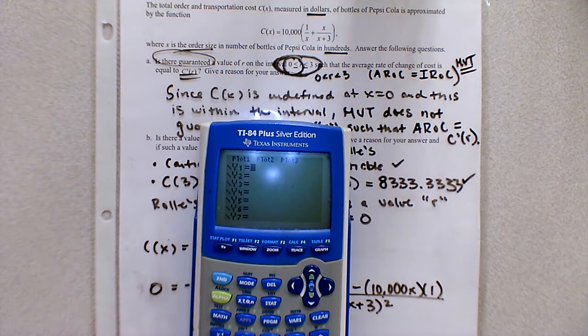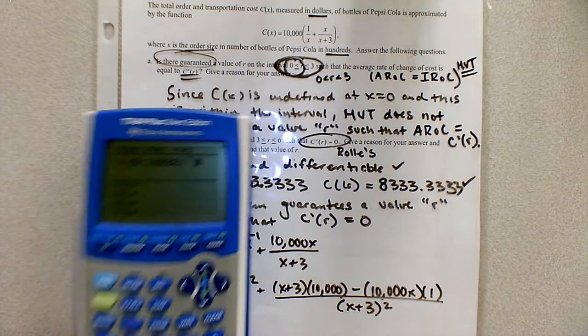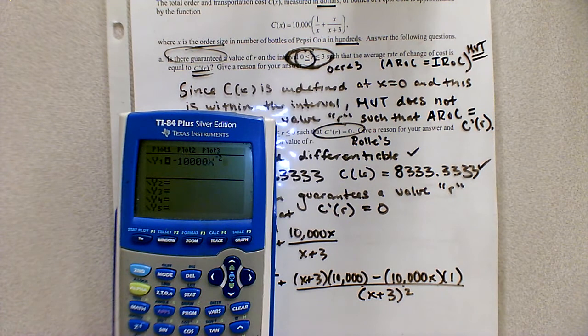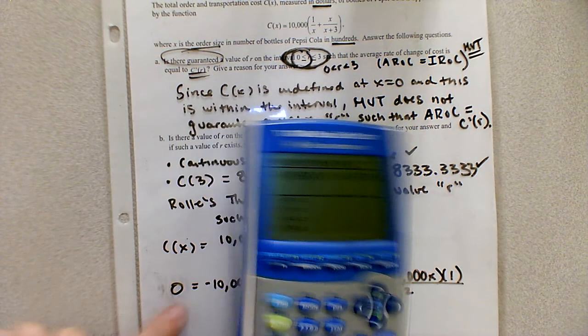So I'm going to type in our derivative, and then I'm going to add, okay, bunch of fractions here. x plus 3 times 10,000 minus 10,000x, and that's divided by x plus 3 squared. All right, and we're going to set it equal to 0.